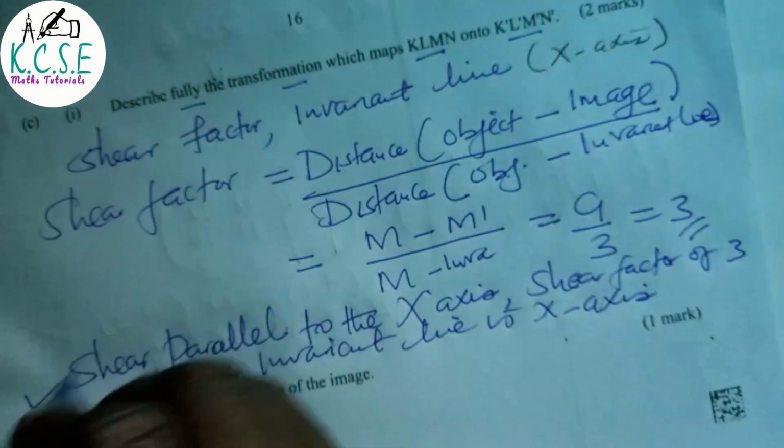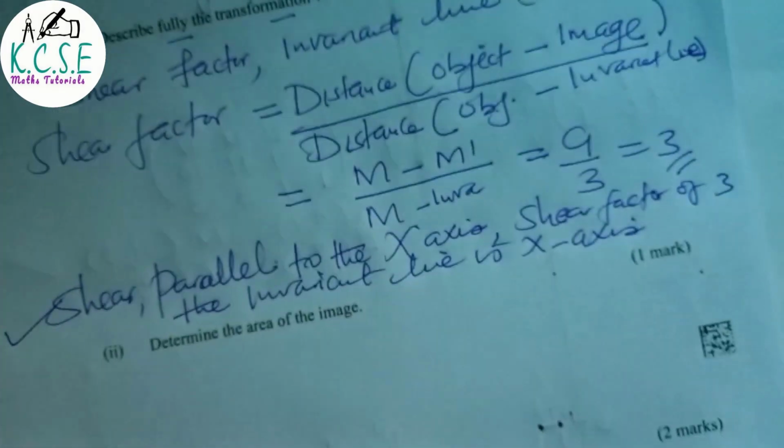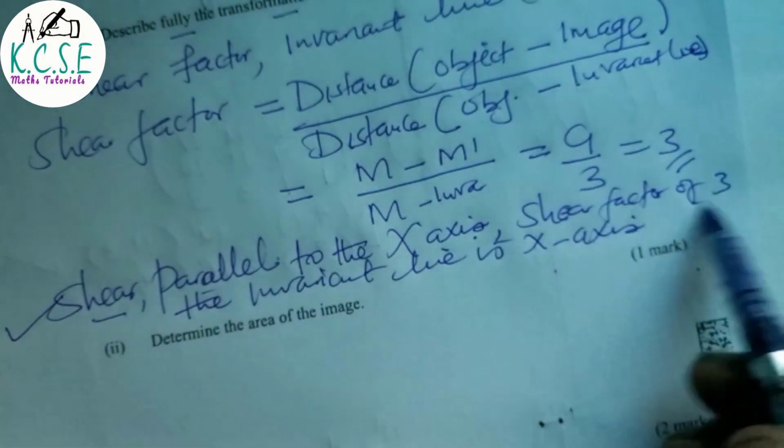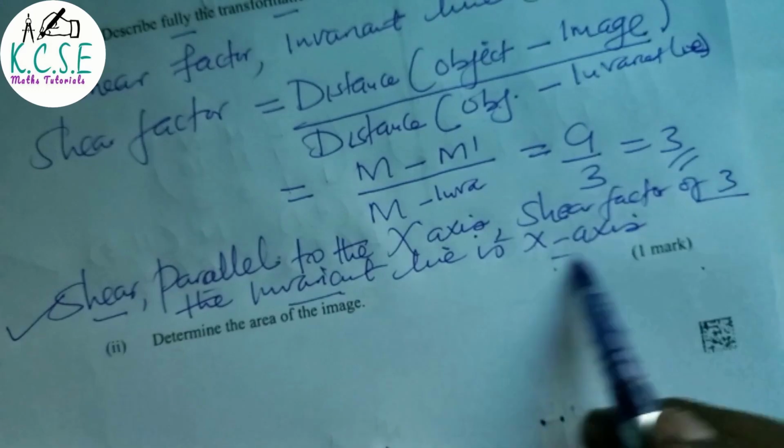You have described that fully by mentioning the shear is parallel to the x-axis, shear factor is 3, the invariant line is the x-axis.